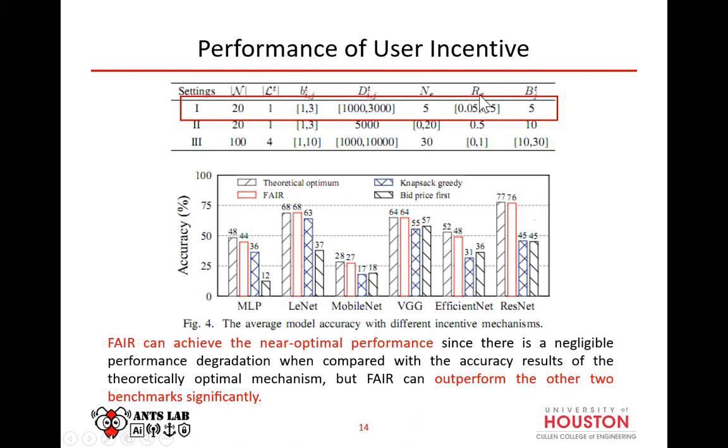I will explain this setting in the following, and this is the budget limit. And they compare 4 incentive mechanisms.